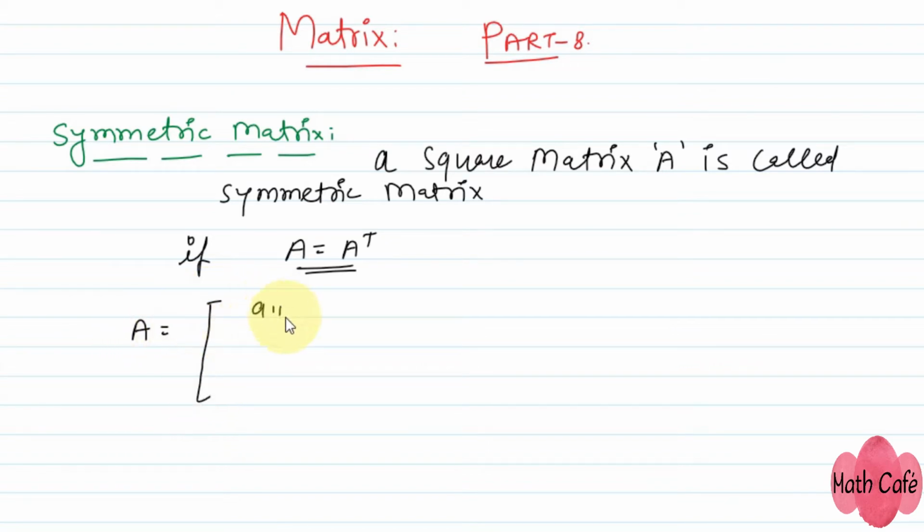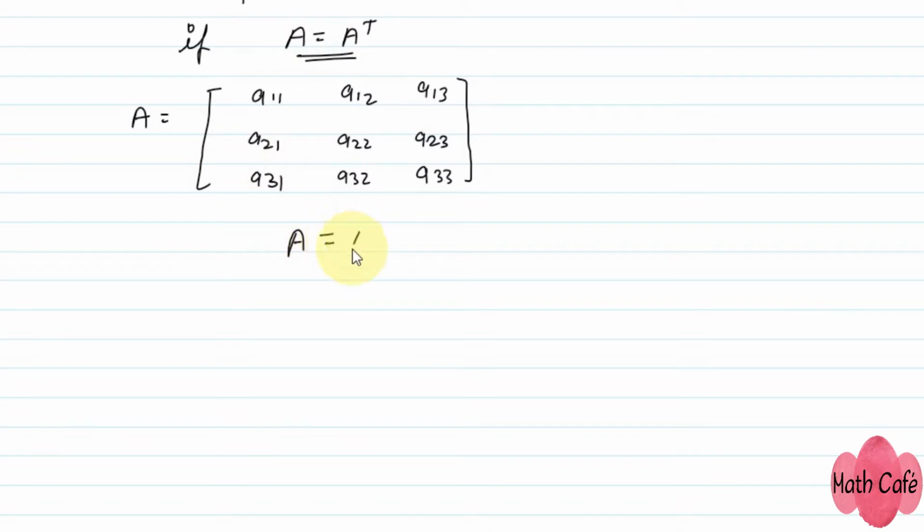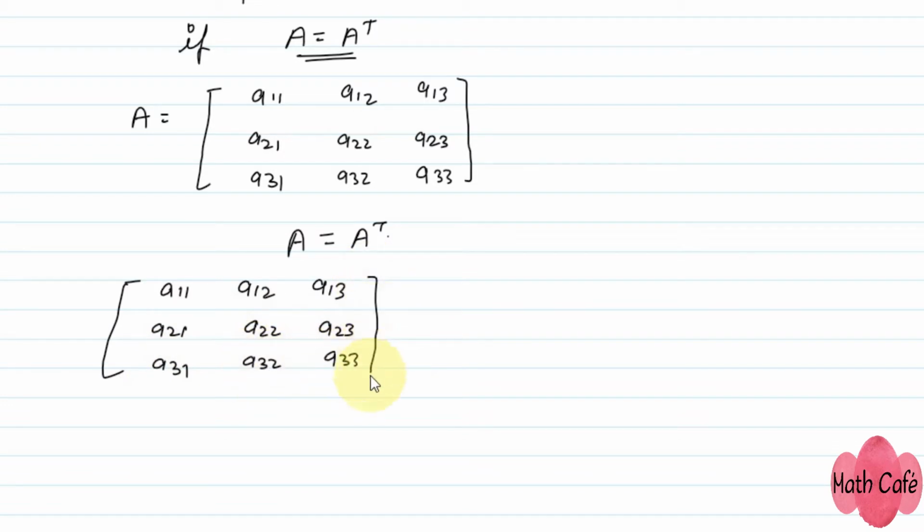A11, A12 and A13, A21, A22 and A23, A31, A32 and A33. If I consider that A is equal to A transpose, where A is the given matrix, and how will we get A transpose?